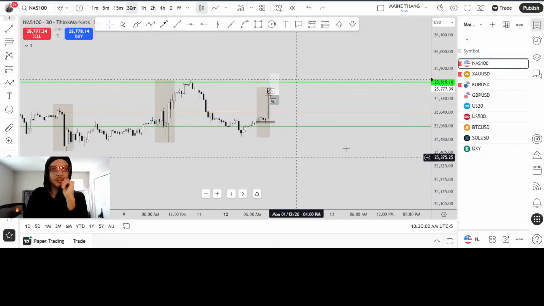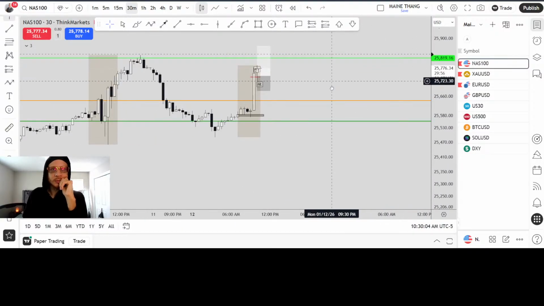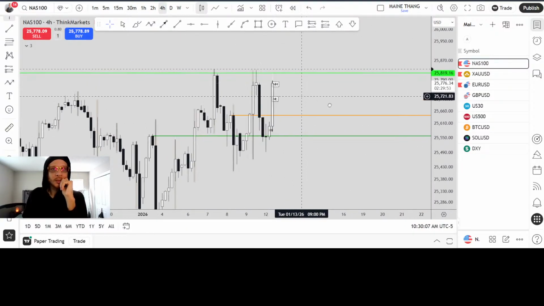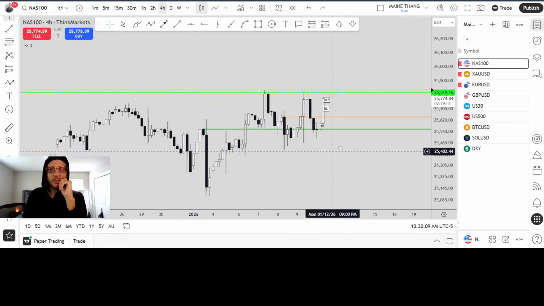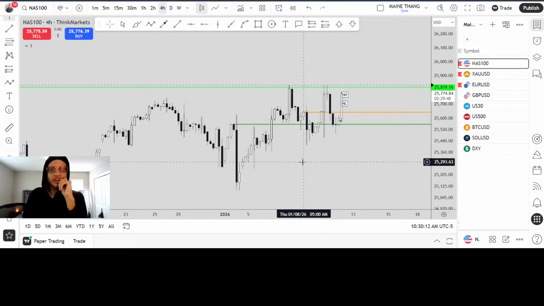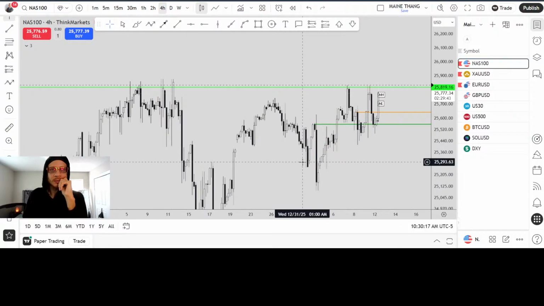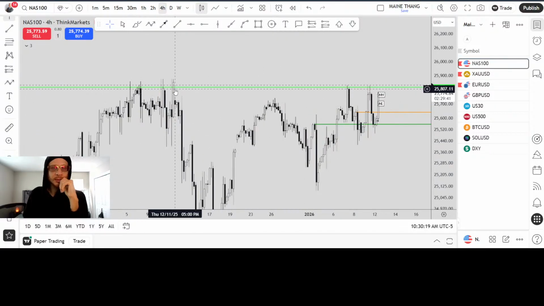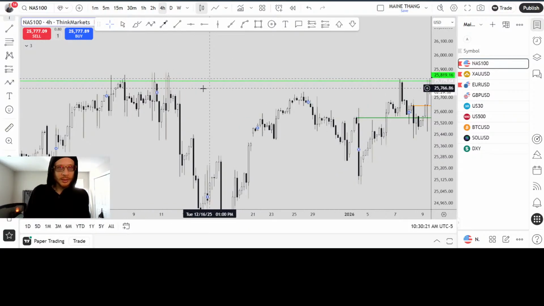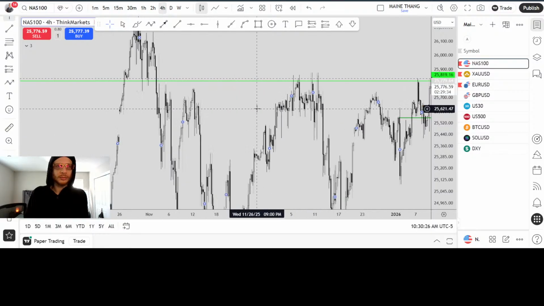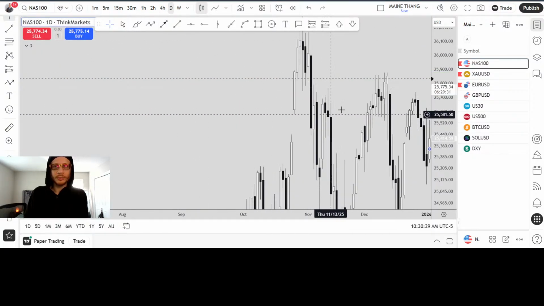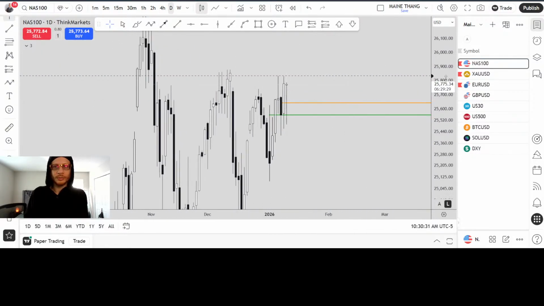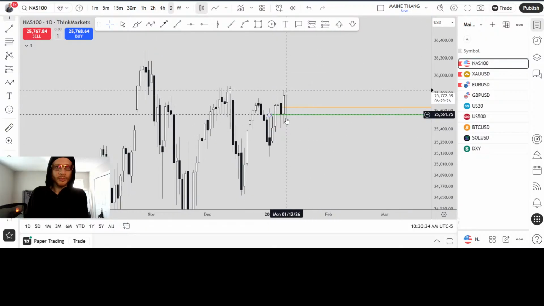NQ. What could we look to see go for? That's a big 4-hour candle though, I ain't gonna lie. These highs look crazy. Look on down.